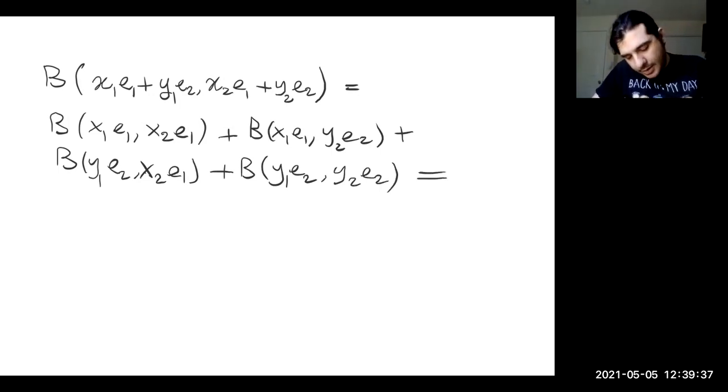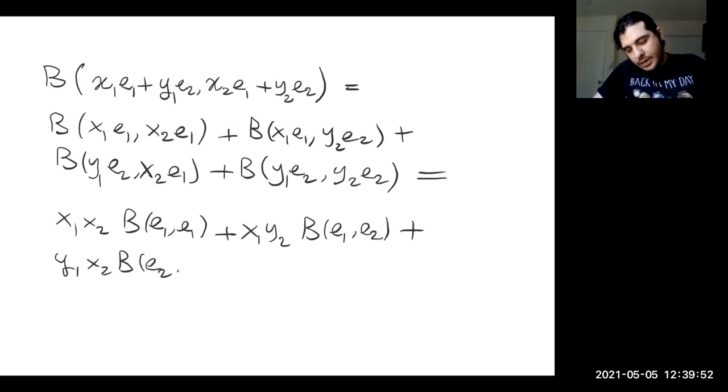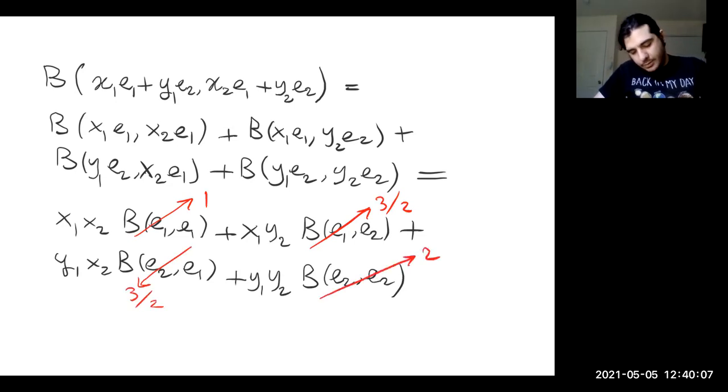And it would be equal to x1 x2 b of e1, e1 plus x1 y2 b of e1, e2 plus y1 x2 b of e2, e1 plus y1 y2 b of e2, e2. Now, b of e1, e1 was 1, b of e1, e2 was 3 over 2, this was also 3 over 2, and this was equal to 2.